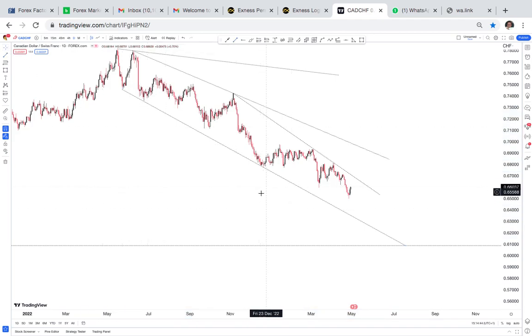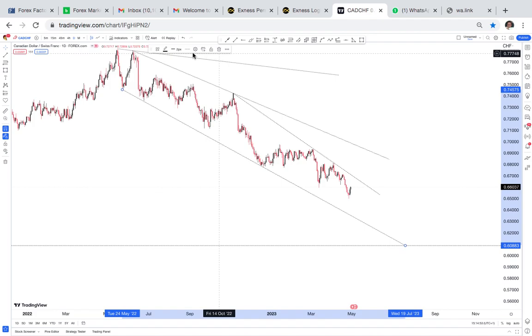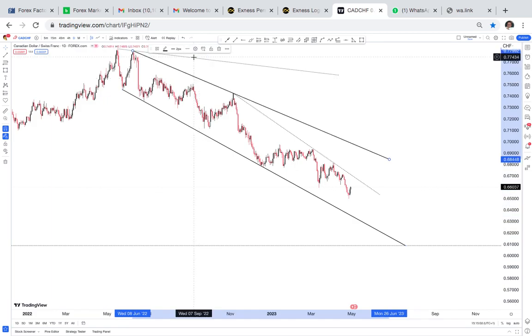So price is expecting this one. I need to separate this now so that I won't mix it together. So let me change this to lines so that I won't mix it up. Let's change them to line so that I can know what I'm doing.